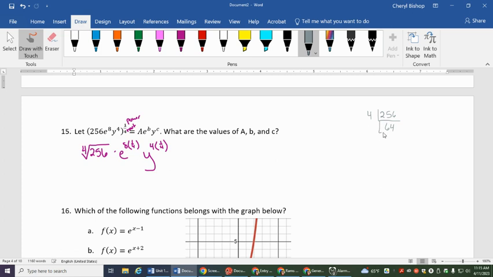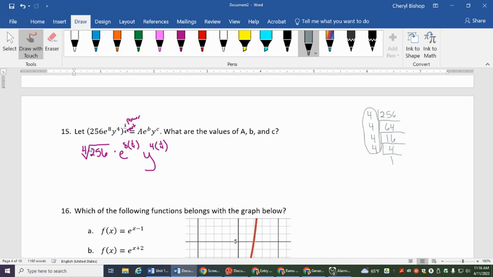That's divisible by 4. We're trying to take the 4th root, which means we want something that divides into it 4 times. 4 goes into 64 how many times? 16 times. 4 goes into 16 how many times? 4 goes into 4 how many times? So, do I have 4 4s?